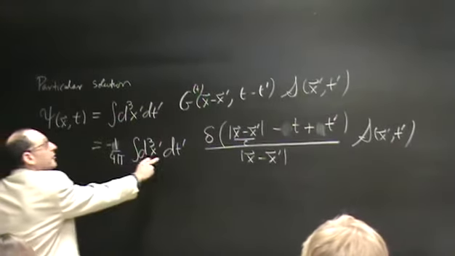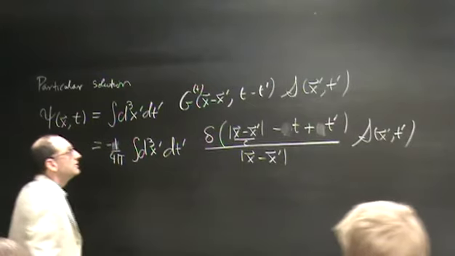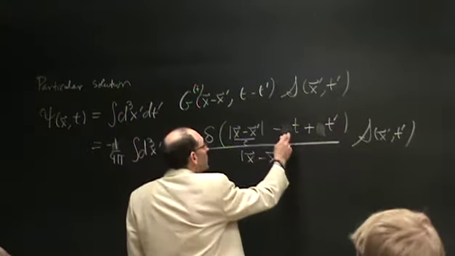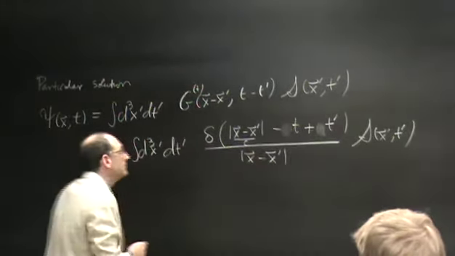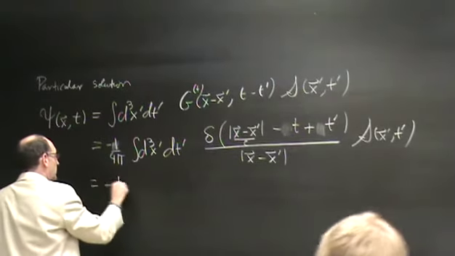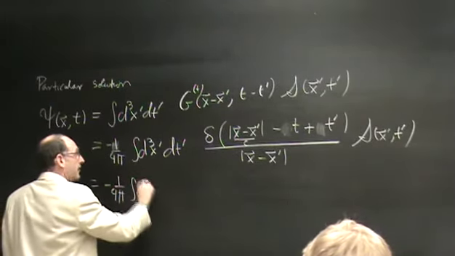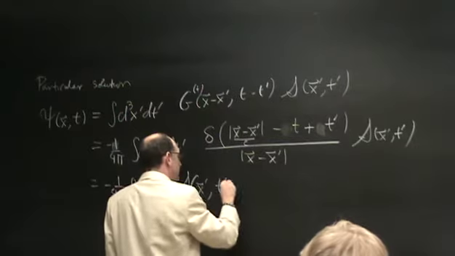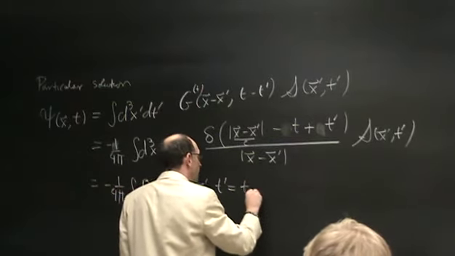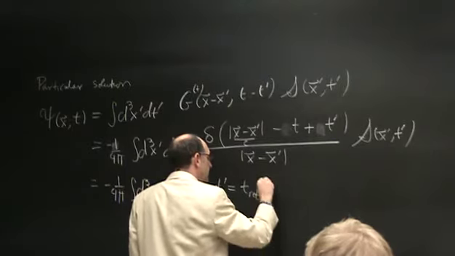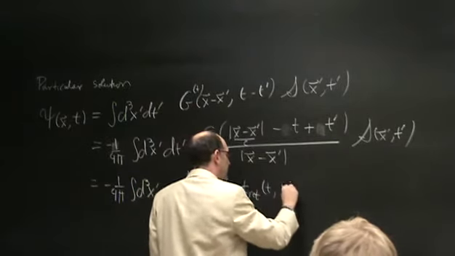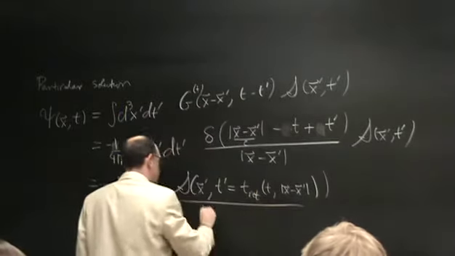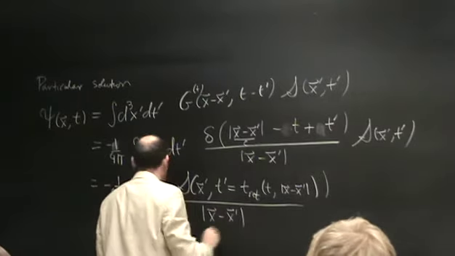So now we can do the integral over t prime, and t prime is equal to t minus this. So this is equal to the integral over x prime, the source at x prime at t prime equal to what is called the retarded time, which depends on t and the distance between x and x prime, over the magnitude of x minus x prime.